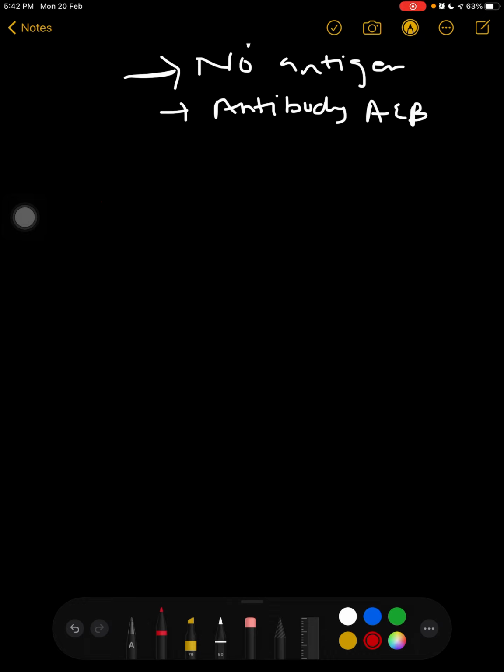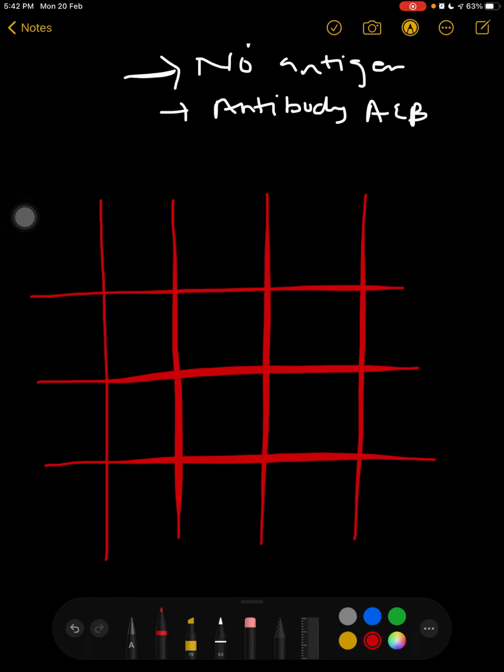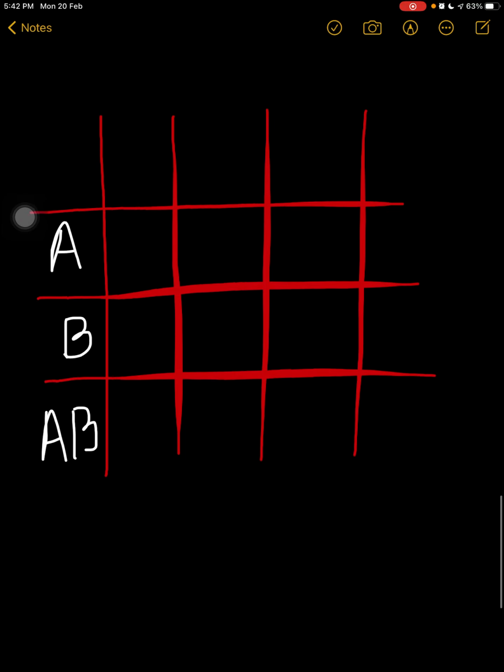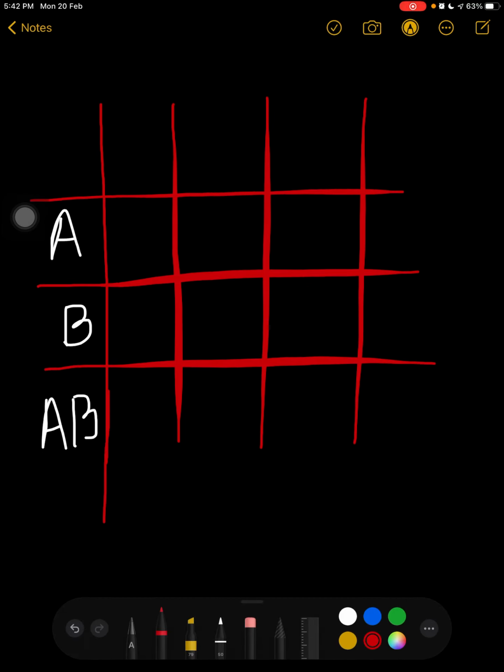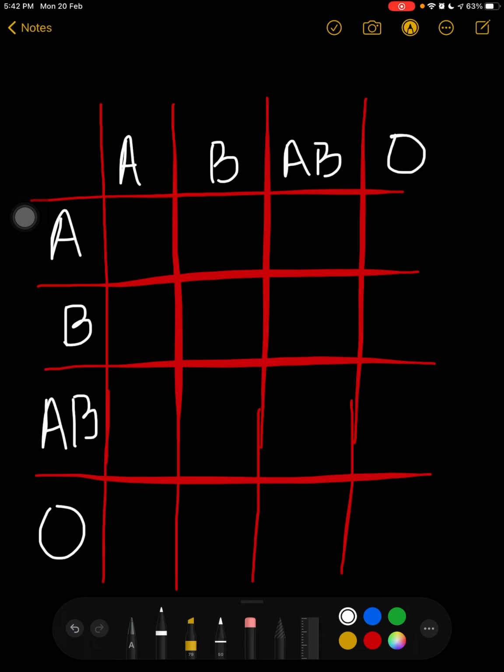Let's make a checkerboard over here, something like this. Let's write over here A, B, AB, and O.